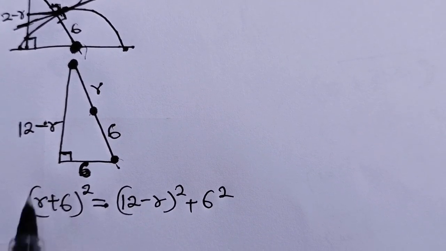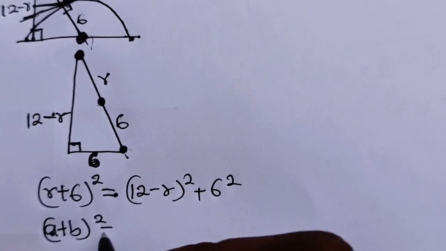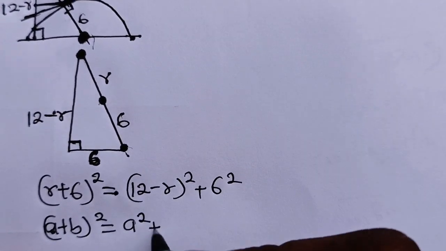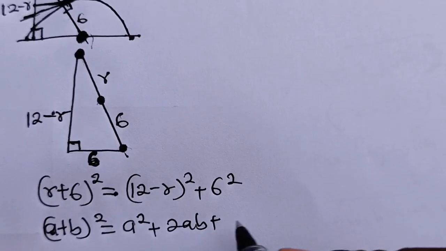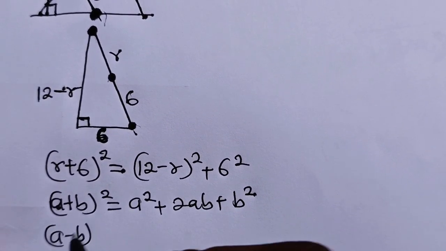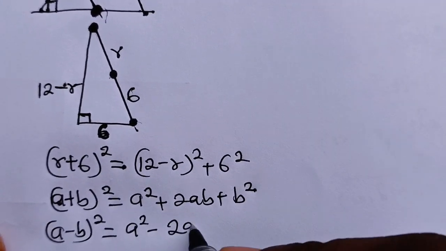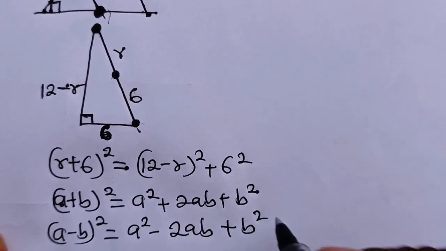Now let us expand this. For you to expand, a plus b squared is equal to a squared plus 2ab plus b squared, and a minus b all squared is equal to a squared minus 2ab plus b squared.